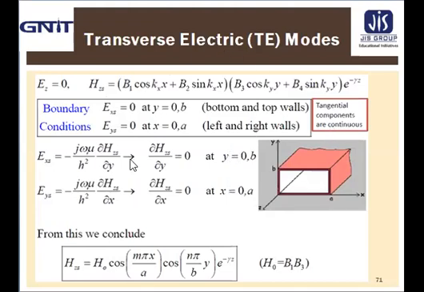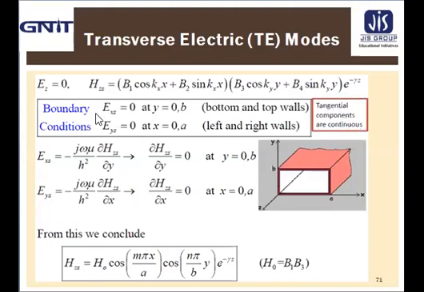The boundary conditions are obtained from the fact that the tangential components of the electric field must be continuous across the boundary of the waveguide, that means at the walls of the waveguide.